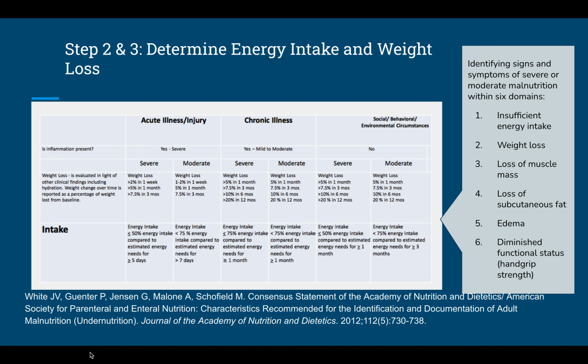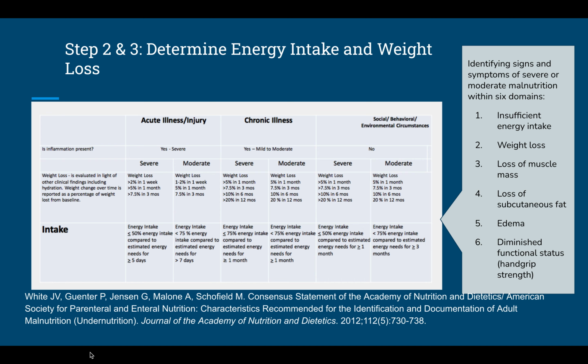We need to find out if the patient has lost weight, and in what time period, because the diagnosis of malnutrition is tied to a specific percentage and a specific period of time. So, for example, someone with an acute illness or injury, the weight loss could be in a week, in a month, or in 3 months, and there's a different percentage for all of them.